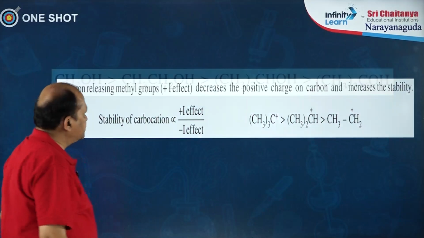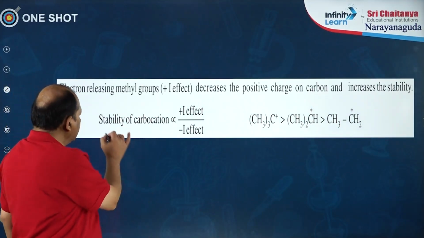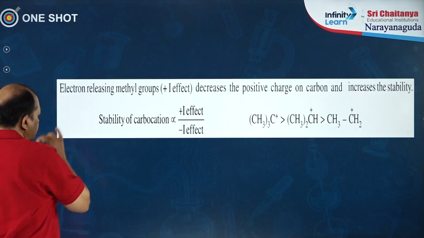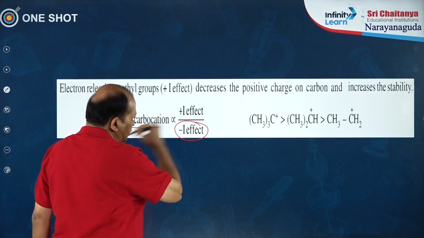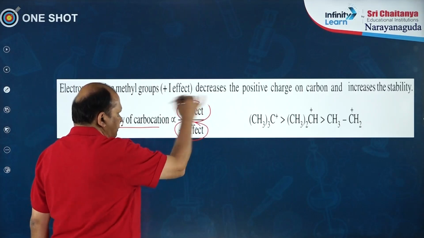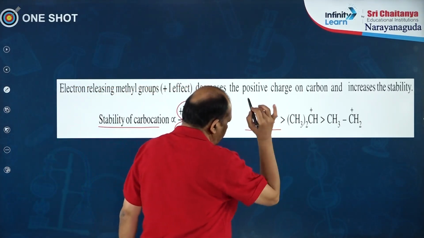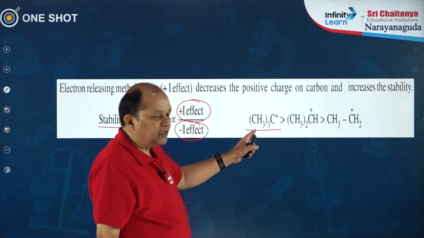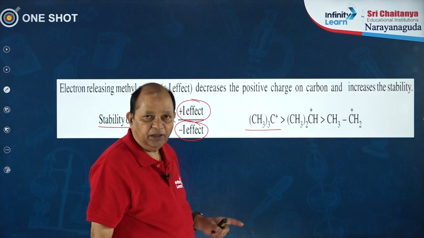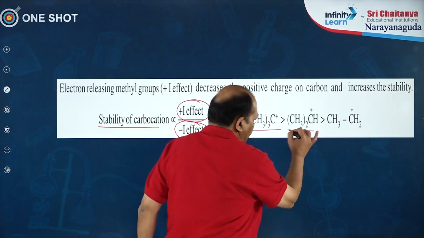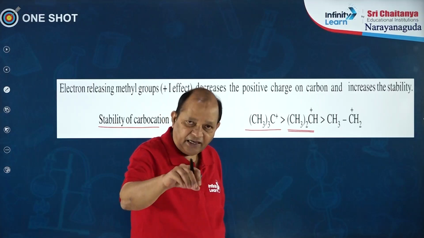The next one is about the stability of different carbocations. Here the stability of carbocations is inversely proportional to the minus I effect and directly proportional to the plus I effect. In a tertiary butyl carbocation, because of the plus I effect of 3 methyl groups, it is highly stable, whereas in isopropyl carbocation, as there are only 2 methyl groups, the stability is a little less.